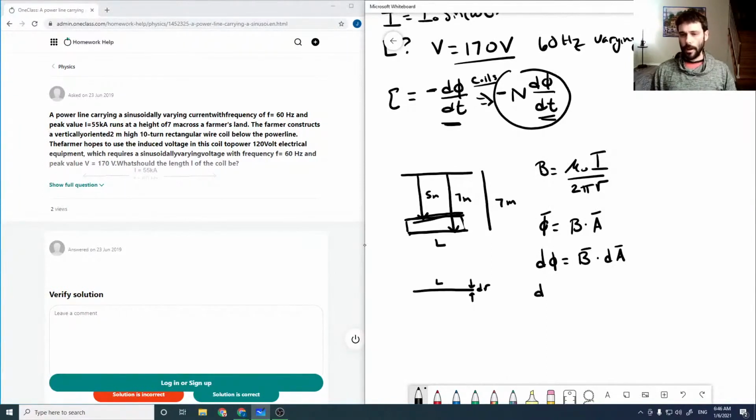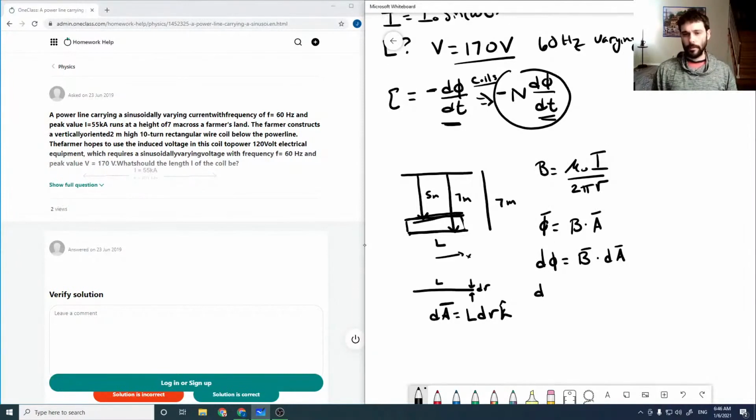So my dA, sorry, is L dr. And if I want to make it a vector, then I can, and it's just going to be k hat, right? Because my area lies in my xy plane.